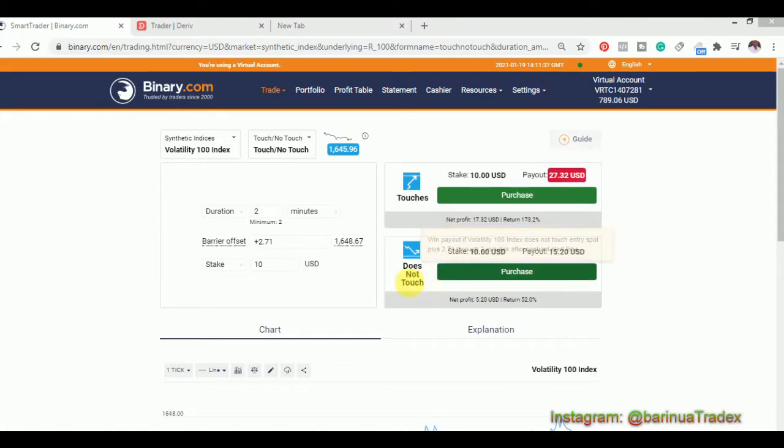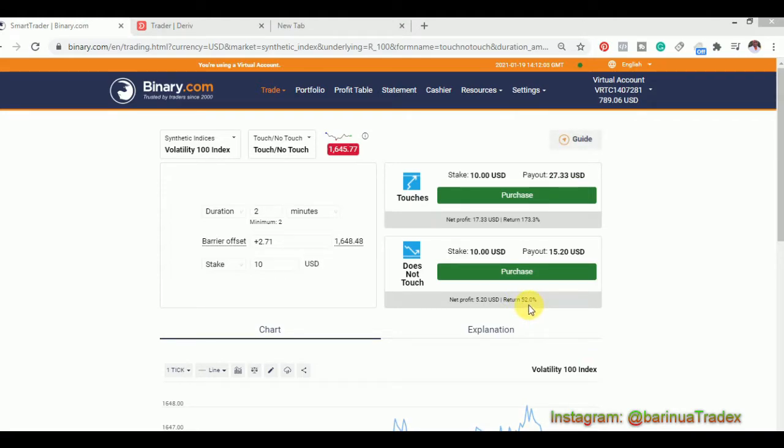But if you choose does not touch as a contract type, and at the end of the day it doesn't touch the barrier, you win the trade, and the chance of winning is always more at the does not touch. The reason being that the barrier offset is really far from the trade start, and you can see that by the percentage given here.